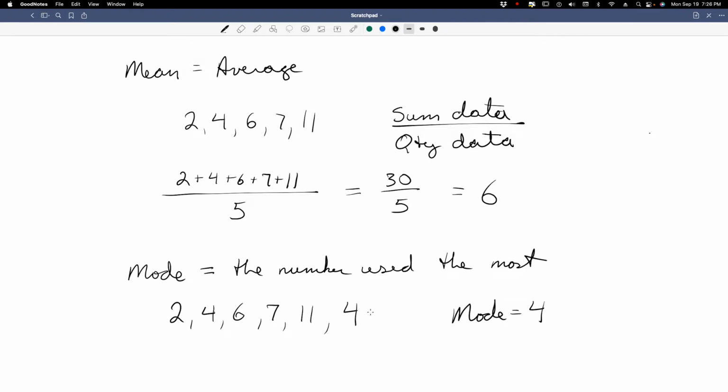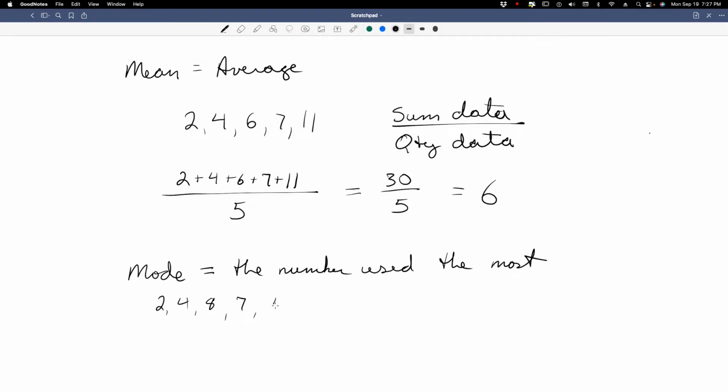That's all it is. And you can have more than one mode per set of data. Let me give you another example. Here's a list of numbers: 2, 4, 8, 7, 4, 3, 8, 7, 2, 8.